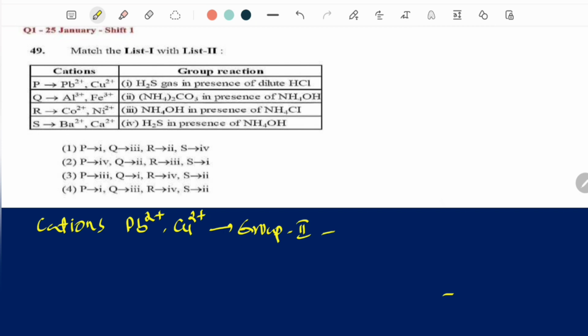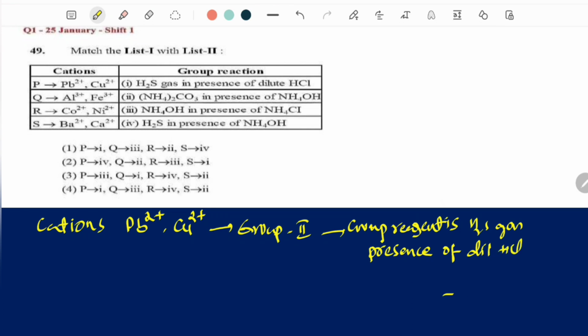The group reagent is H2S gas in presence of dilute HCl. It is related to lead plus 2 and copper plus 2.